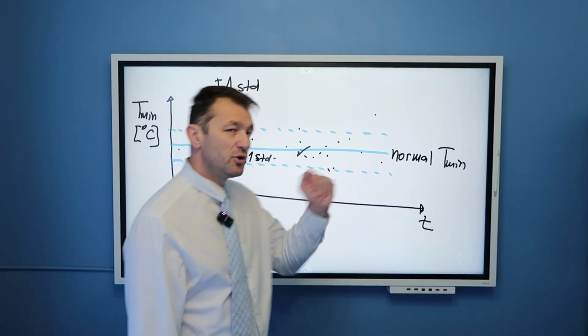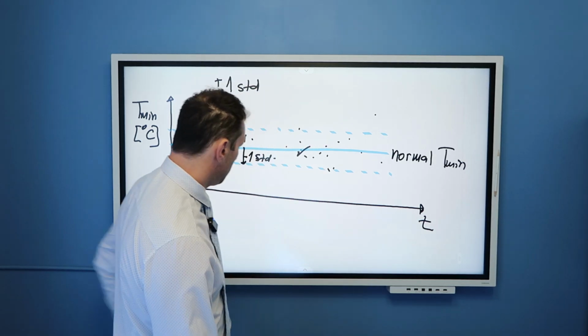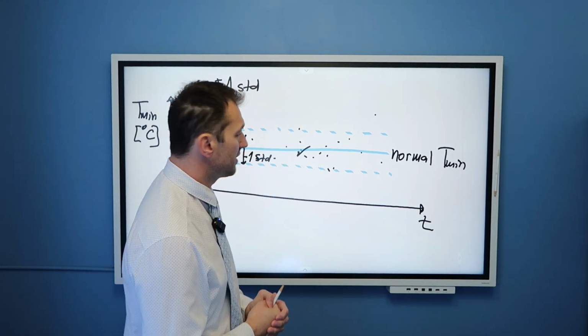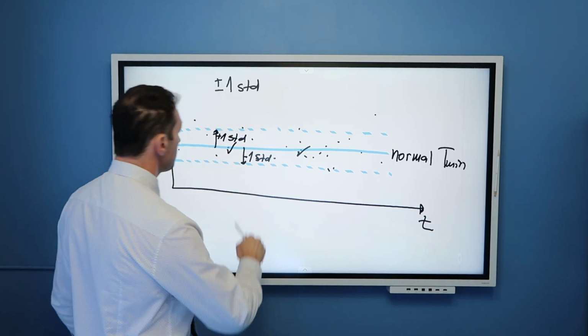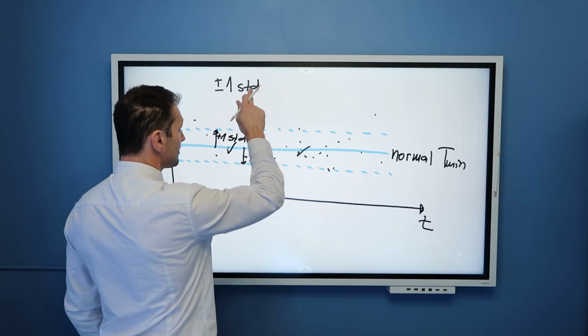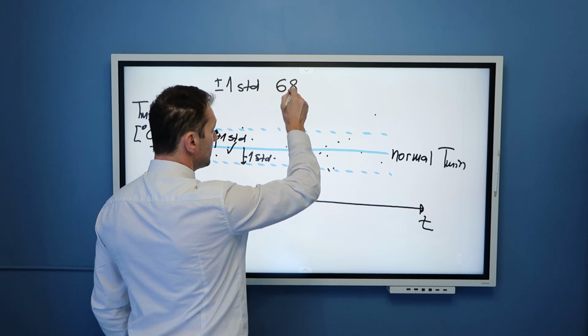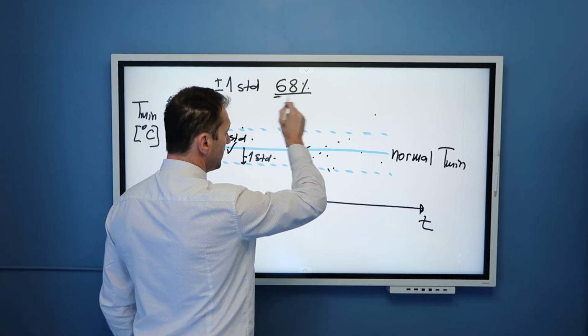It can be demonstrated that if these data points follow the normal or Gaussian distribution, then plus minus 1 standard deviation will contain 68% of all data.